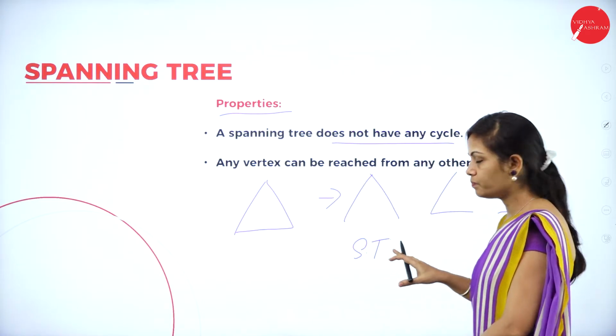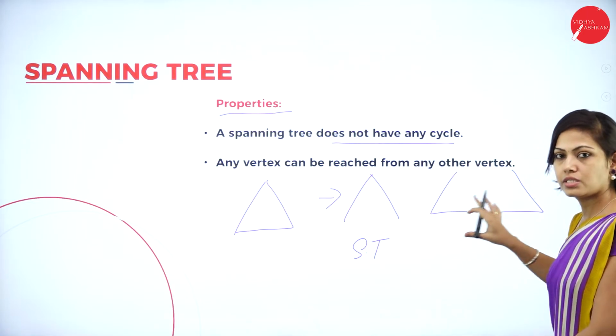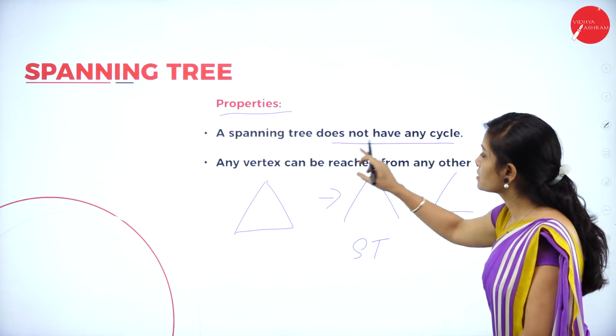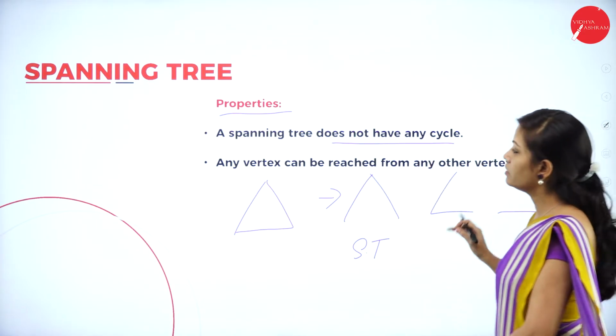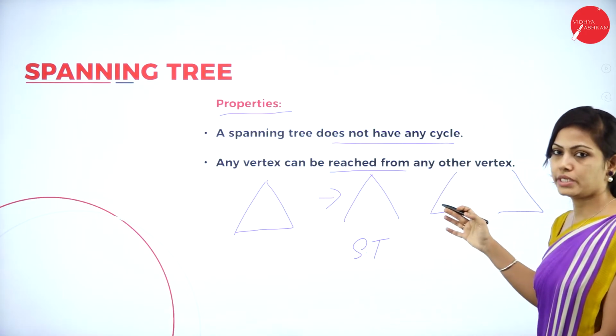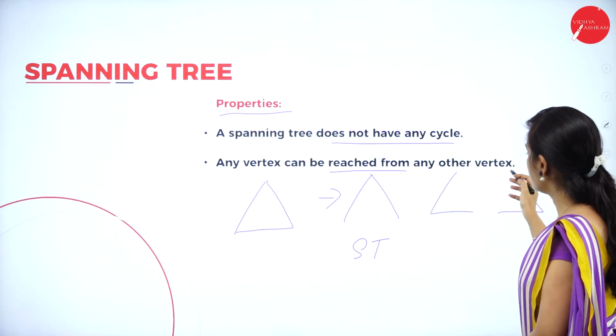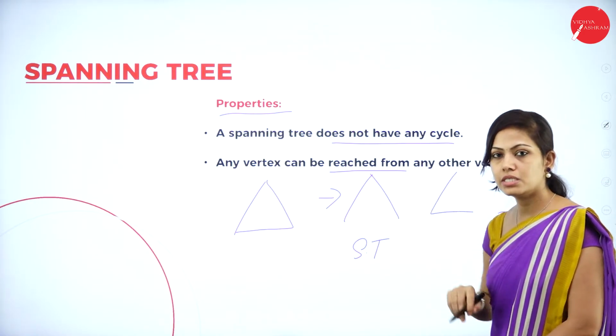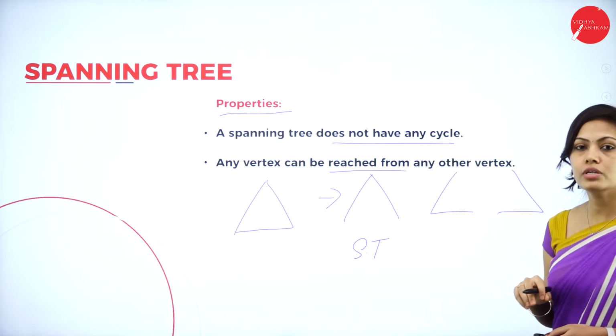Now it is a spanning tree. I have removed these edges. This is a spanning tree and this is a spanning tree, because a spanning tree does not have any cycle. Clear? And any vertex can be reached from any other vertex. So here I missed this edge, and this edge, and here I missed this edge. Clear? This is an example of a spanning tree.